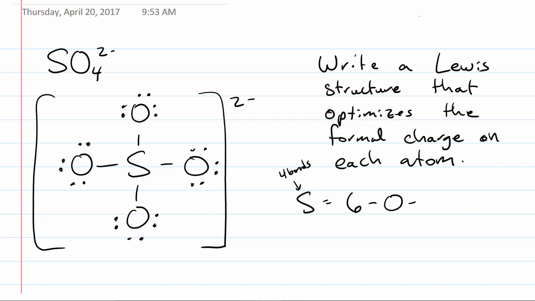Well, this sulfur has how many bonding electrons that are attached to it? 8. 1/2 of 8 is 4. So it'll be 6 minus 0 minus 4, which means we're going to wind up with a formal charge of +2. We are going to show the signs on here, by the way. +2.